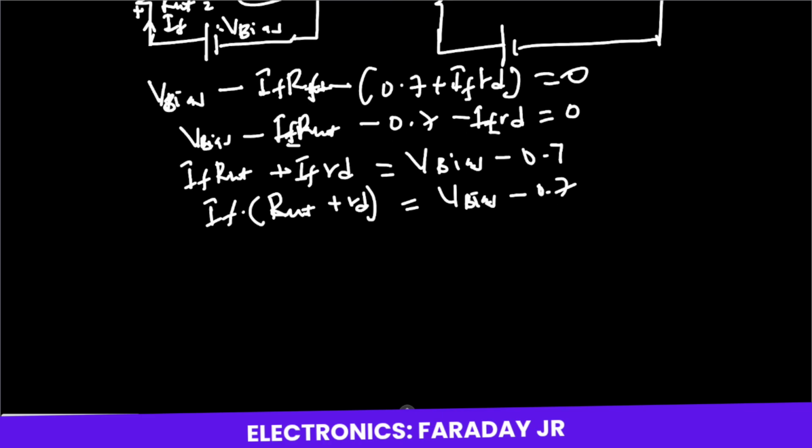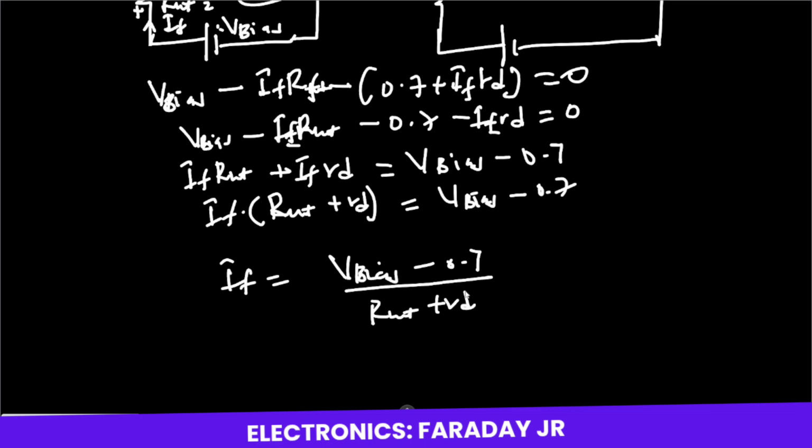Then we can see that our IF will always be equal to V bias minus 0.7, all divided by R limit plus RD. So this is the forward current in the complete model.